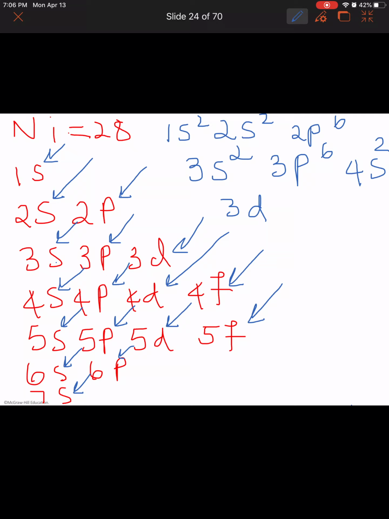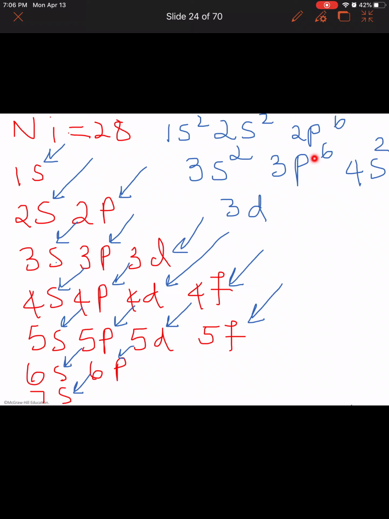Now before we start filling up, we will see how many we have filled so far. So you can see here 1s is 2. There are 2 here. 2 plus 2, 4. 4 plus 6, 10. 10 plus 2, 12. Plus 6, 18. Plus 2, 20. So up to here we have filled up 20 electrons.